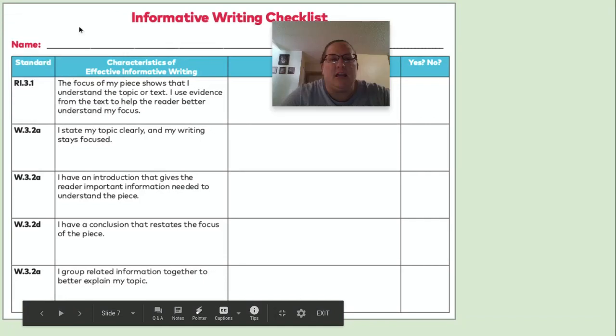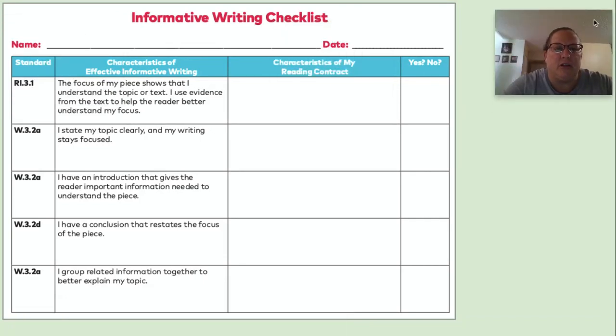Today, this is the informative writing checklist, okay? So these are some of the things that we need to focus on. The focus of my piece shows that I understand the topic or text. I use evidence from the text to help the reader better understand my focus. I state my topic clearly and my writing stays focused. I have an introduction that gives the reader important information needed to understand the piece.